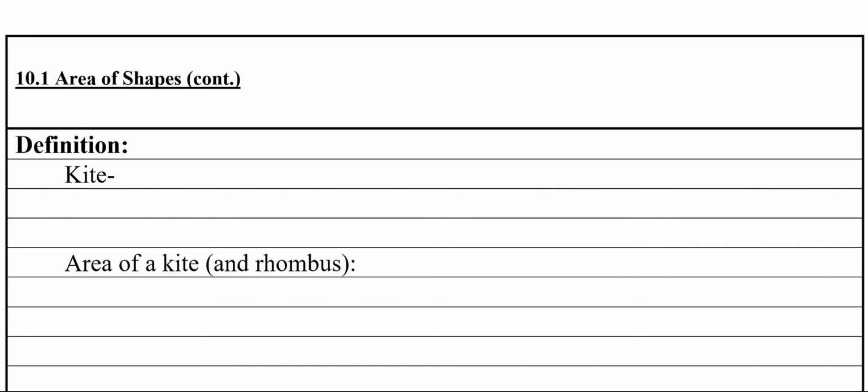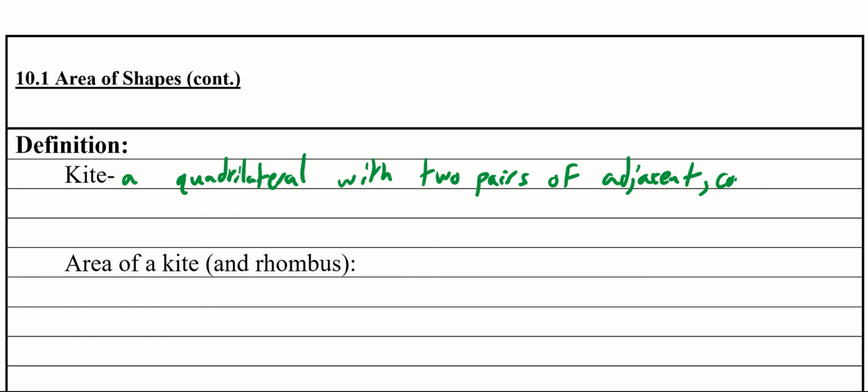A kite is a quadrilateral with two pairs of adjacent congruent sides.